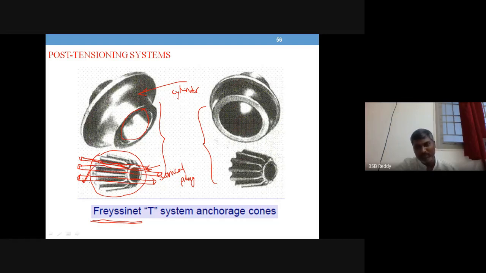That stress into the area of such a bar will give you that much force, so many kilonewtons of force, even though it is applied. The rod will be held in position with this arrangement. That is the speciality of this Freyssinet system, right?